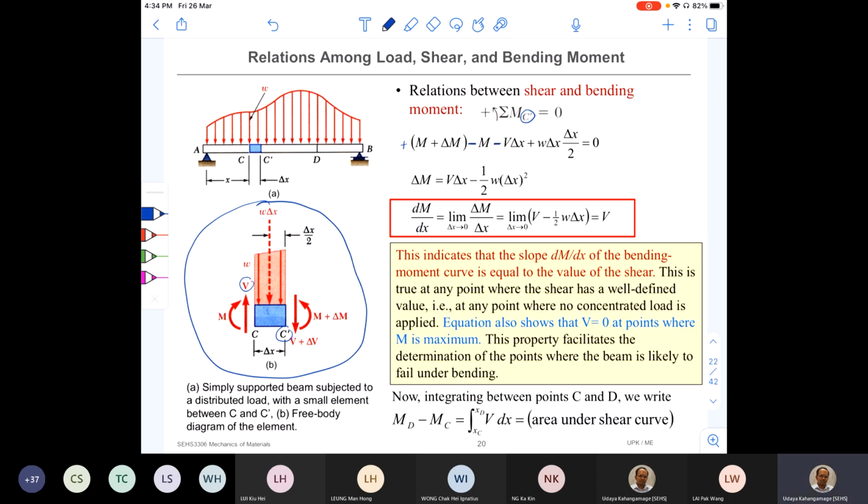And then w delta x is going to create an anti-clockwise moment, therefore it is positive. w delta x is the size of the load, and delta x by 2 is the distance to the point of the line of action of the force. Now it is equal to 0. So once you simplify the equation, you get this equation.